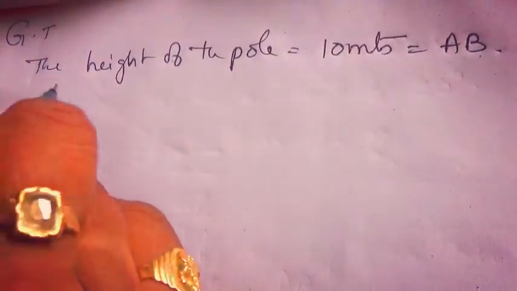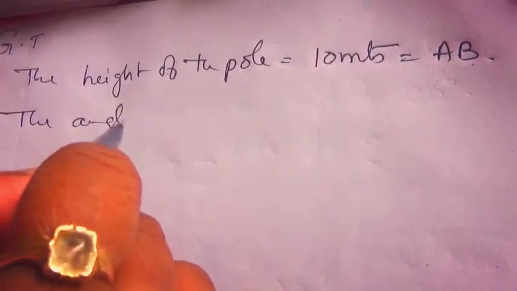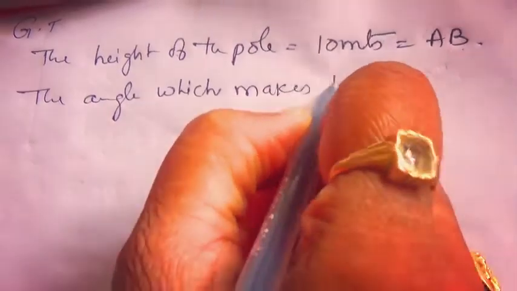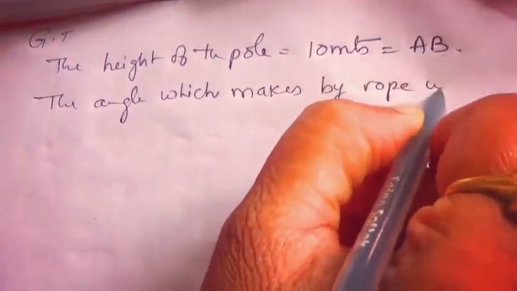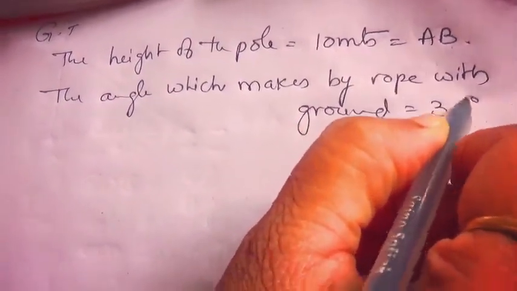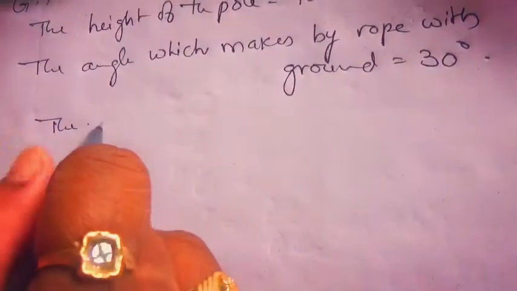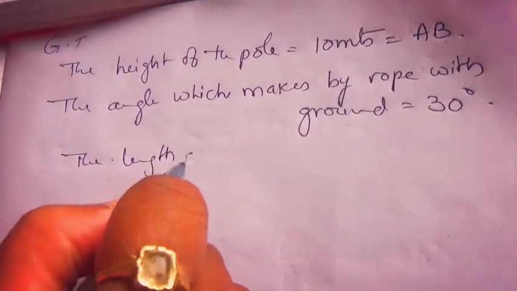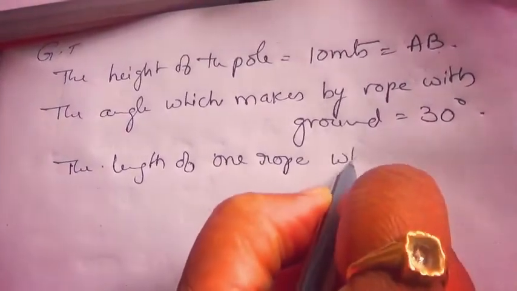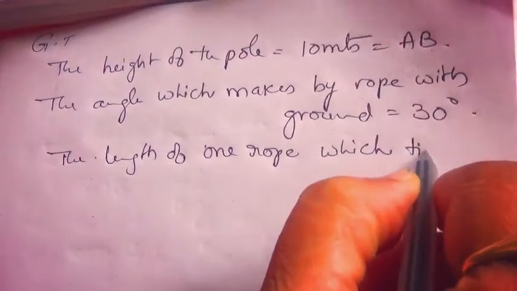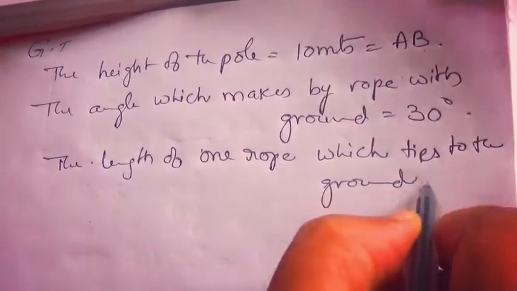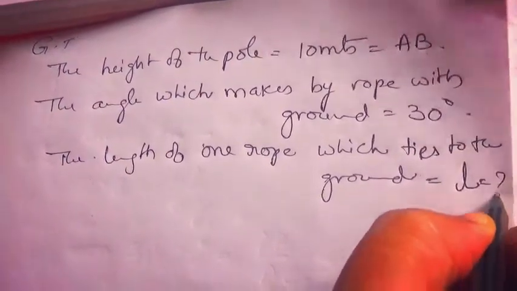So the angle which is made by the rope with ground is equal to 30 degrees of angle. The length of one rope which ties to the ground, that is equal to L. We have to find out this.